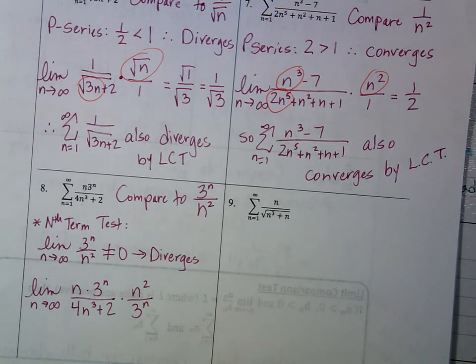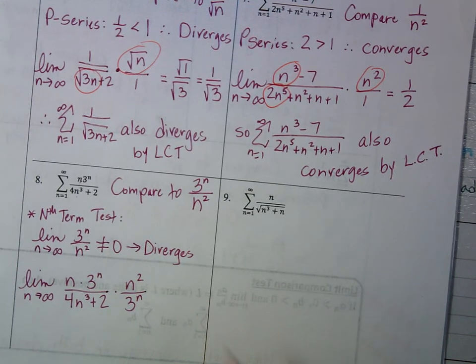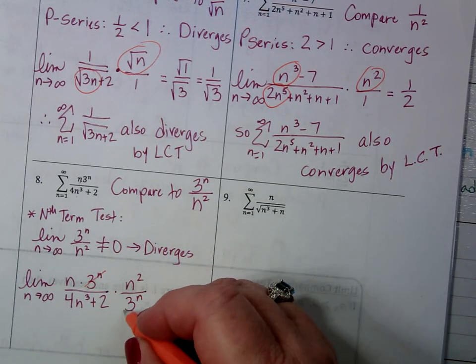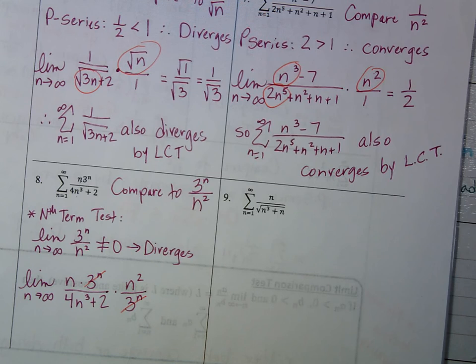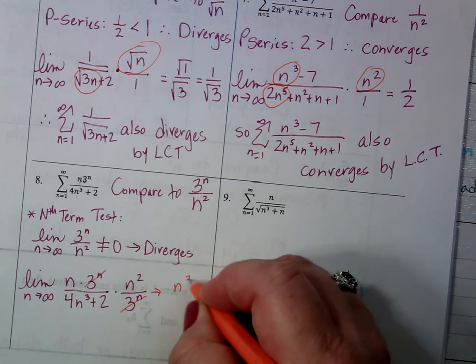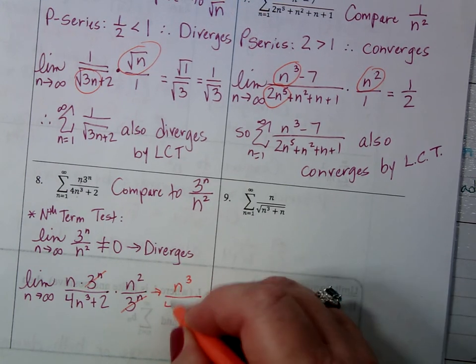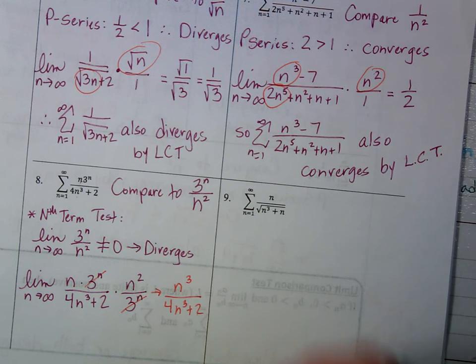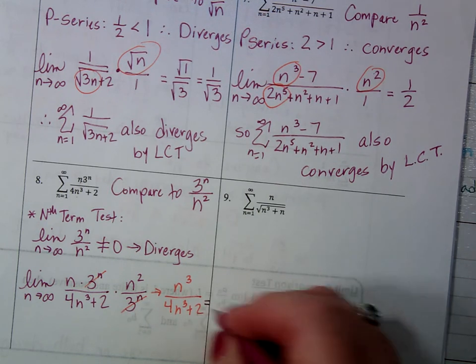I've got a 3 to the n up top, I have a 3 to the n on the bottom. They can cancel each other out. And then if I combine this together, I have an n cubed up top and a 4n cubed plus 2 on the bottom, which makes it pretty easy to see what that limit is going to equal, and that would be 1/4.